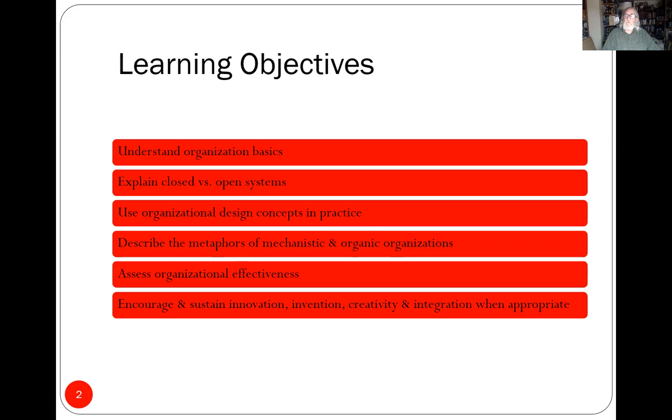Describe and understand the metaphors, mechanistic and organic organizations, be able to assess an organization's effectiveness, and be able, hopefully, to encourage and sustain innovation where it's appropriate in the right context, including invention and creativity and integration.